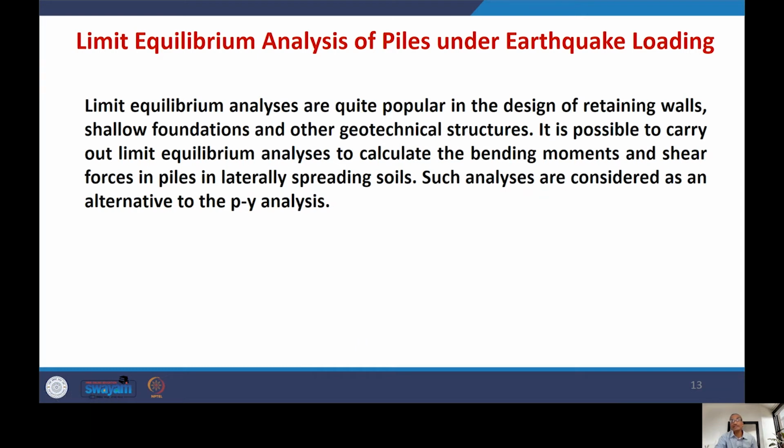Such analyses are considered an alternative to what is called the p-y analysis, that is, an alternative to the load-deformation curves. So let's discuss limit equilibrium analysis during earthquake loading.